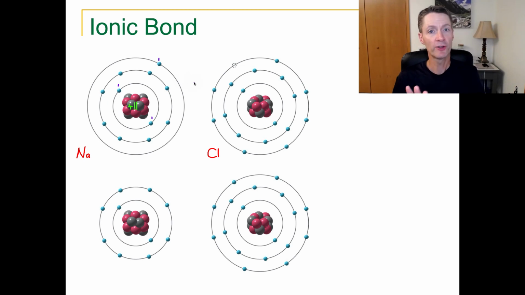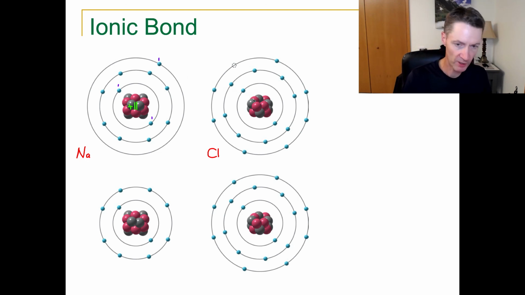Now let's consider the chlorine atom. Let's switch to green here for our protons. This atom has 17 protons, an atomic number of 17. Now we have to find 17 electrons, right?